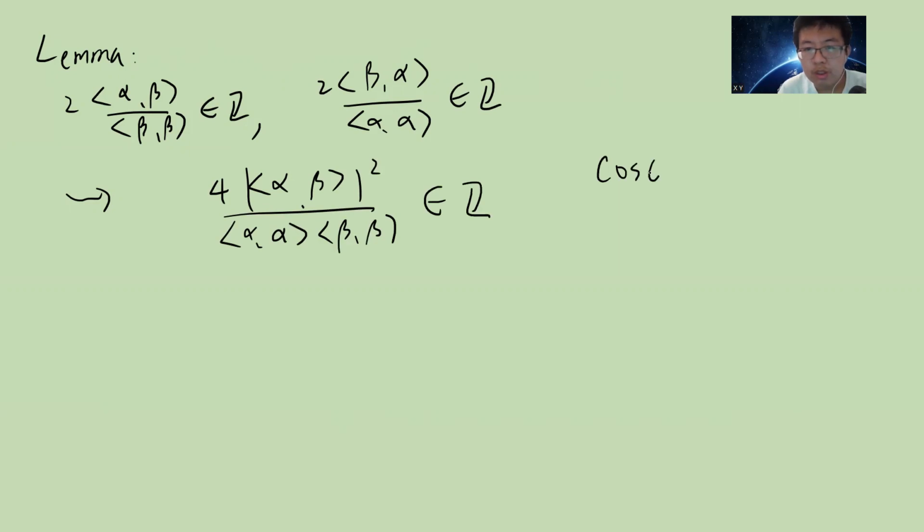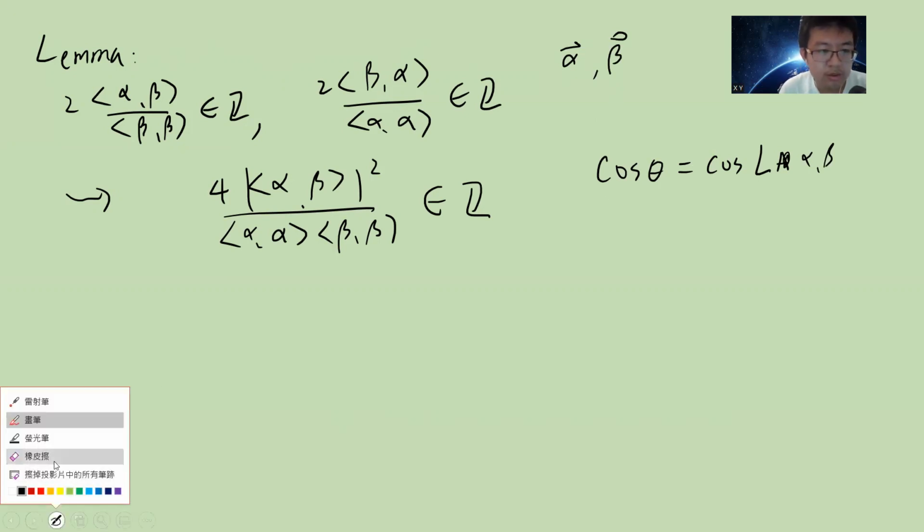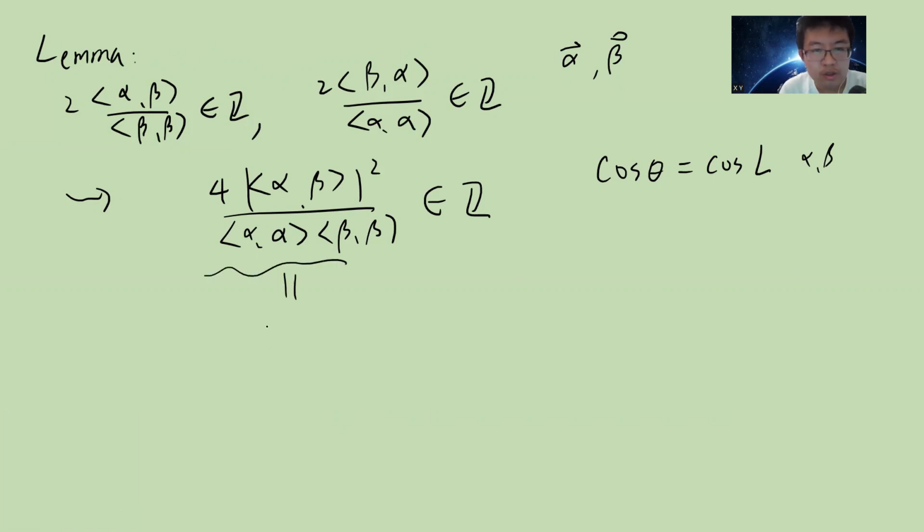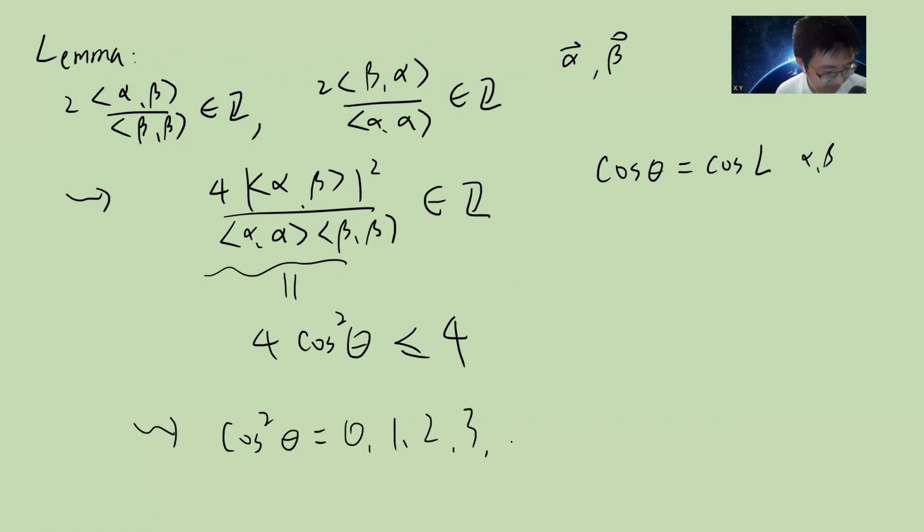Suppose I define θ to be the angle between α and β, viewing α and β as vectors, and their angle is θ. Obviously this is 4 cos²θ, and it is an integer, so 4 cos²θ must be 0, 1, 2, 3.